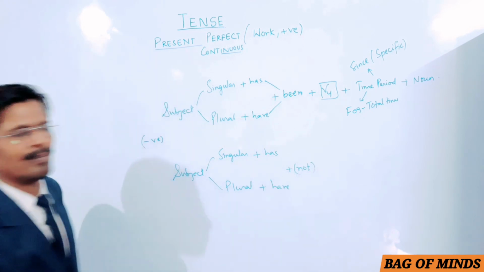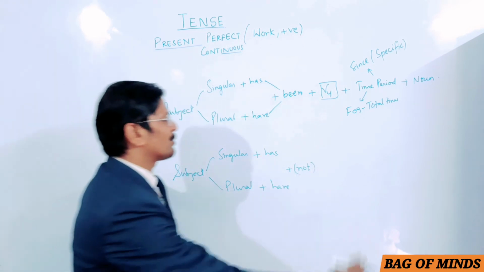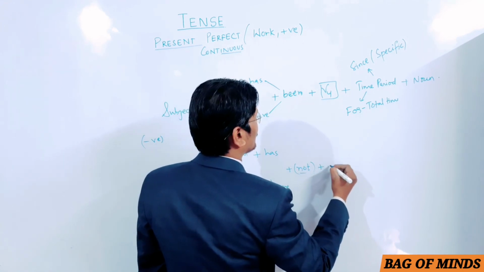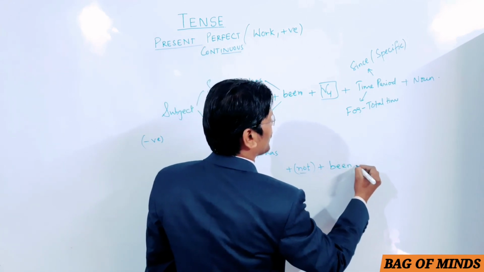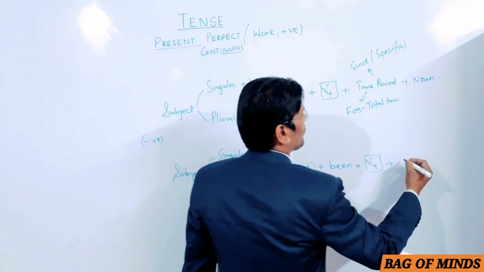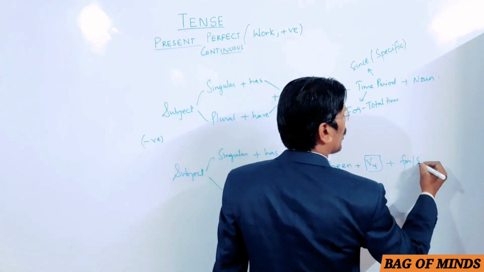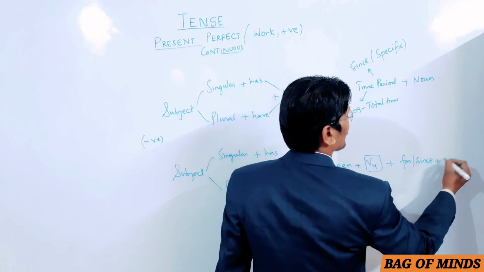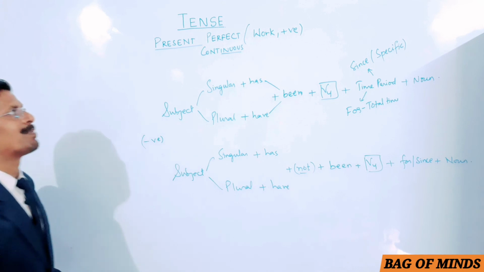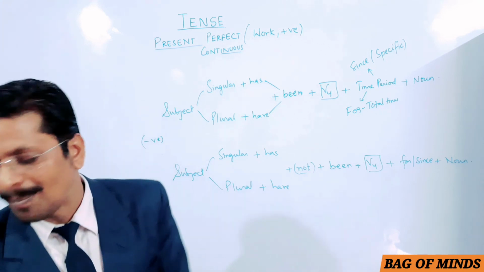This is the main point. The word not is used after the first helping verb. Then you add been, then you add V4 and you repeat your time period, either for or since, followed by your noun. This is what we do in the present perfect continuous negative form.